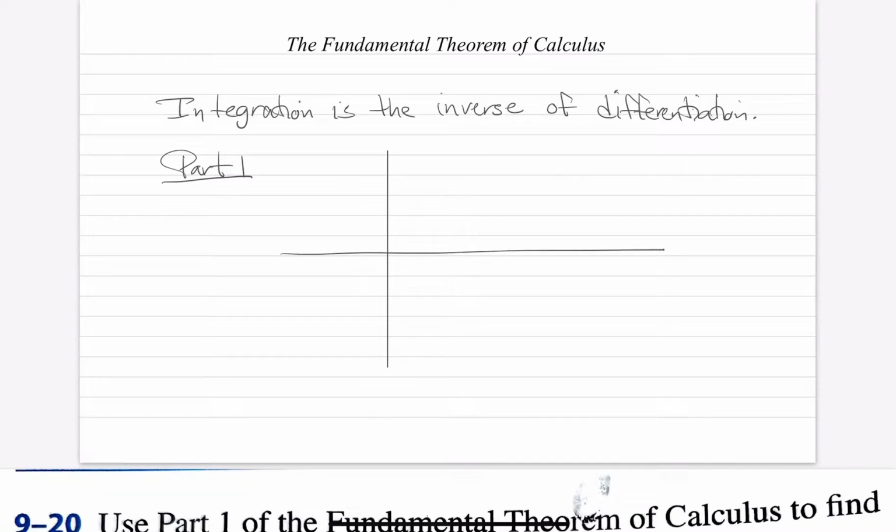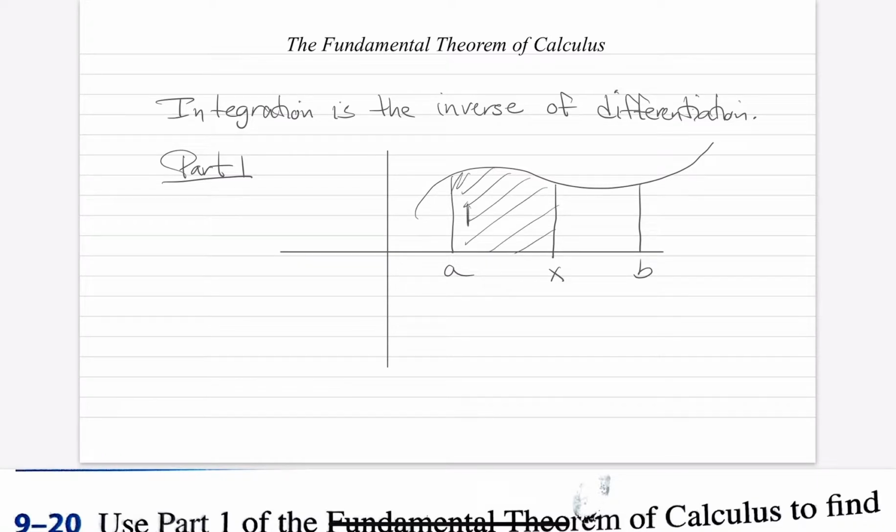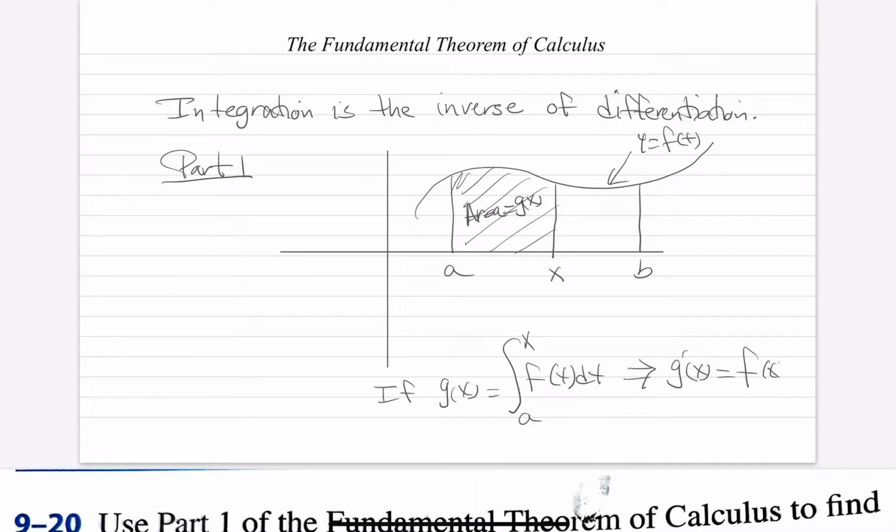If I have a function going from a to b, along the way, if I have an x, and this area is represented as g of x, and that's my function f of t, part one of this theorem says if g of x is equal to the integral from a to x of f of t dt, then we can conclude that g prime of x, the derivative of this function, is equal to f of x.